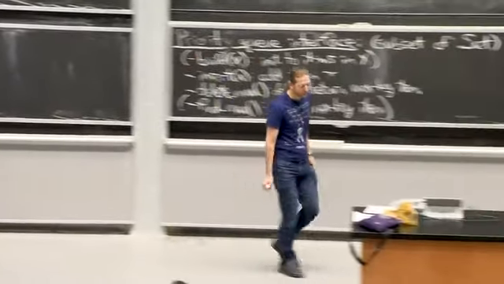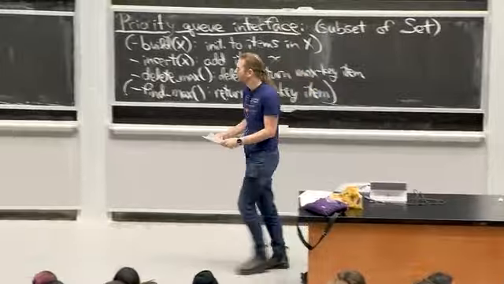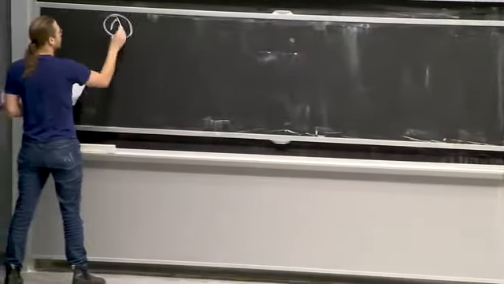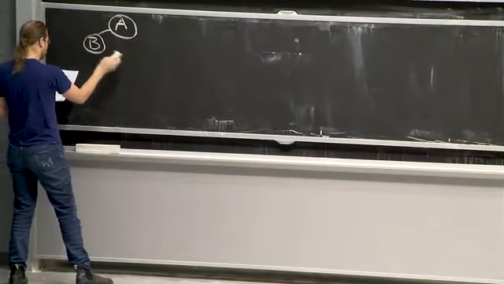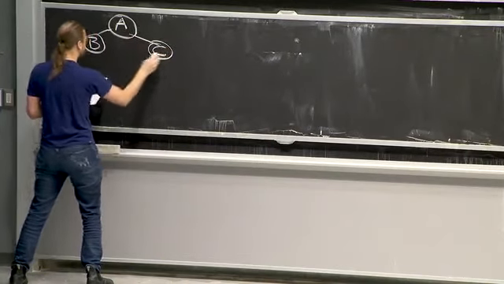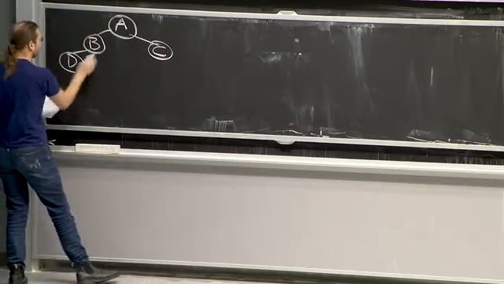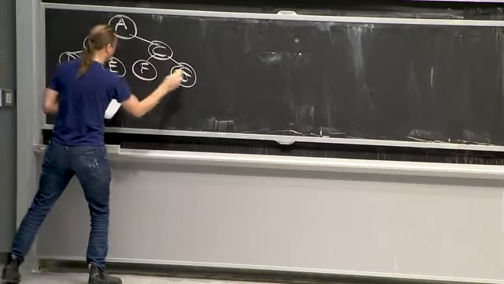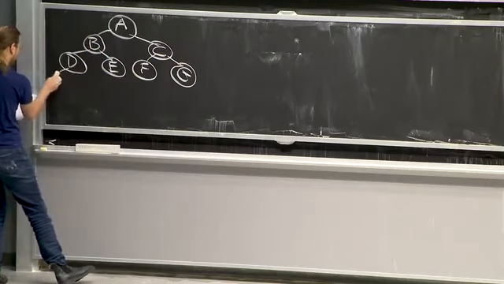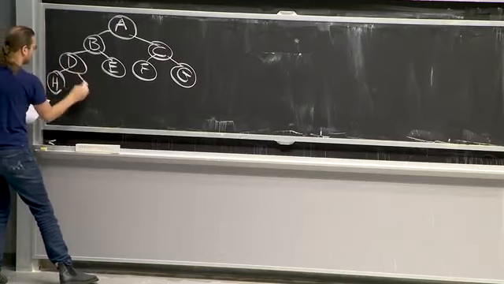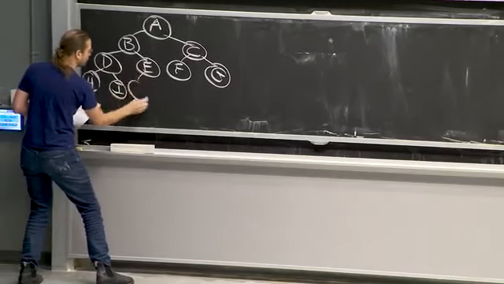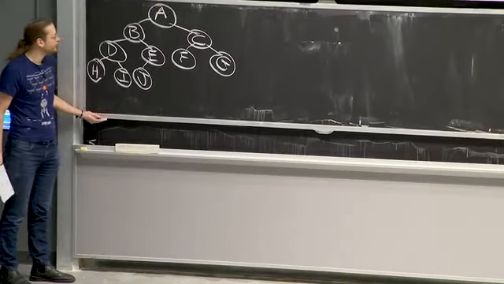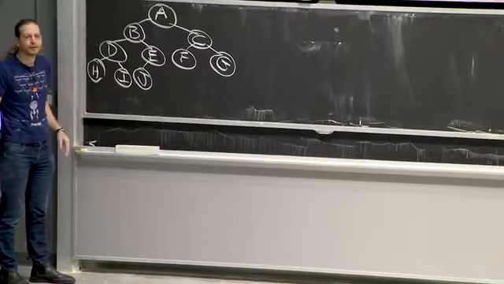Let me grab an example. Let me draw a tree. If I got to choose any old tree I want, I would choose a tree that's basically perfectly balanced.